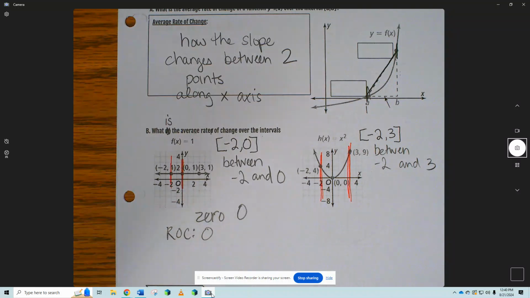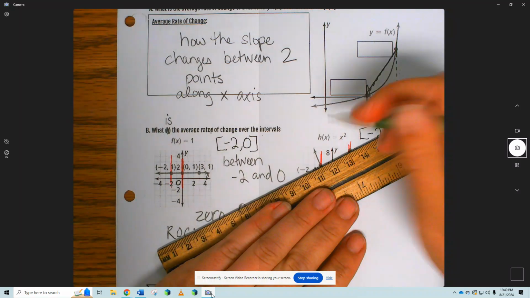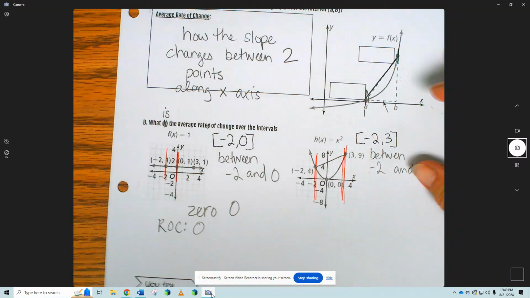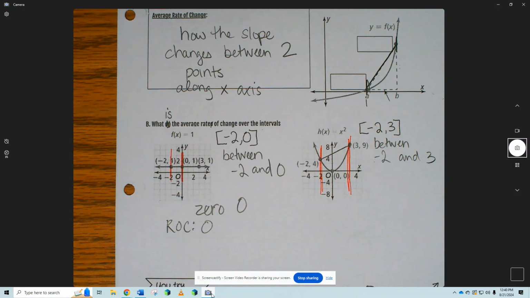Connect the dots. Connect these dots right here. Okay. Your job is to figure out this line that I just drew. How does that line rise and run?